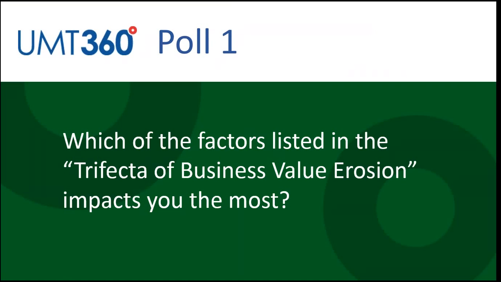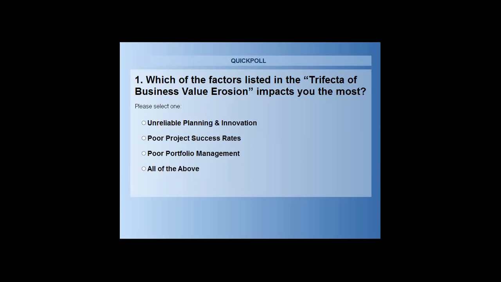What I want to do is just pause here for the first poll and ask a simple question. Which of the factors listed in the trifecta of business value erosion impacts you the most? So we'll launch the polls. And obviously the answers here are unreliable planning and innovation, poor project success rates, poor portfolio management or budget utilization, or all of the above.